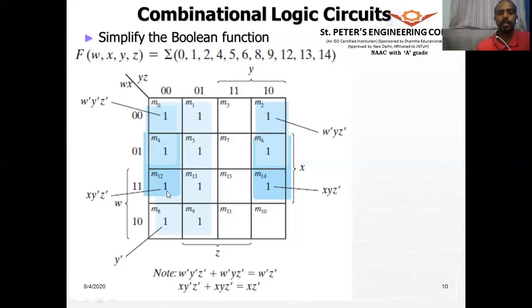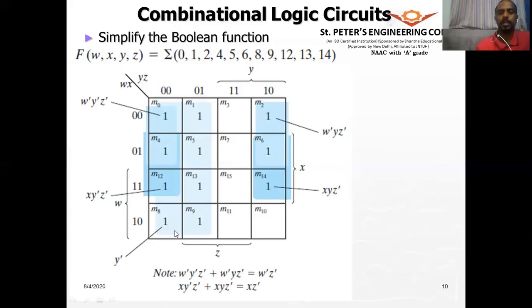So what is this term? So these 2 will be X, Y complement, Z complement, because W is changing state. So here again W is changing state. So these 2 will be X, Y, Z complement.